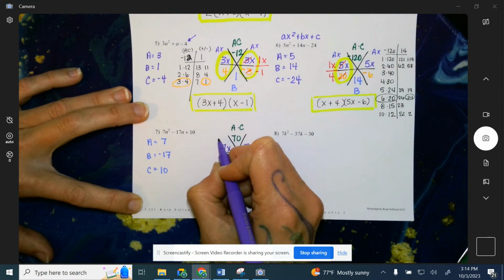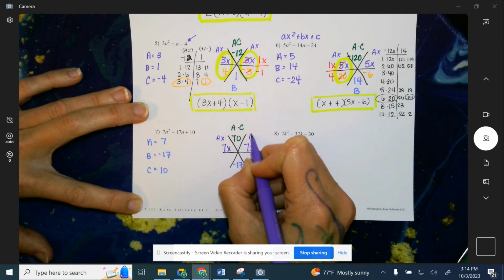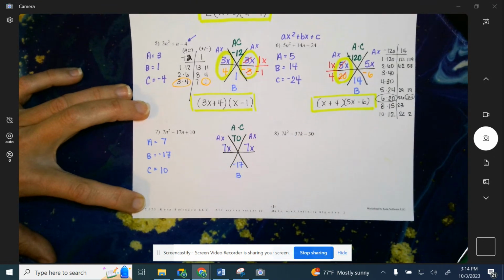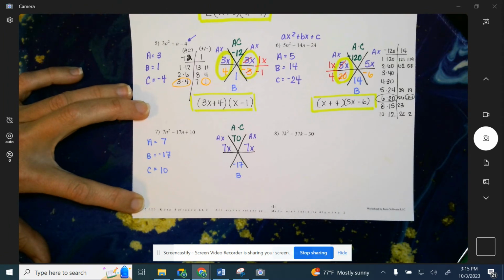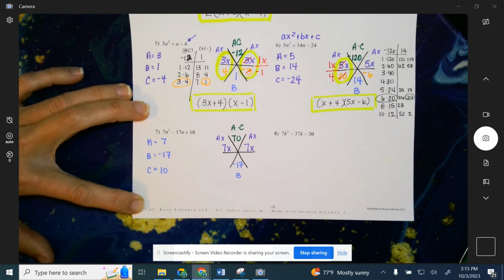Actually, as I'm telling you this, if you are in Delta, if they use a variable other than X, you have to put in the answer with the variable other than X. I change it to X because my handwriting is trash, and N's and A's and all that fun stuff does not translate very well, especially when they're small on the screen. But when you are putting your answers in Delta, slow down enough to make sure that you, and IXL, if we end up doing any of those factoring IXLs, they want the letters that they used.